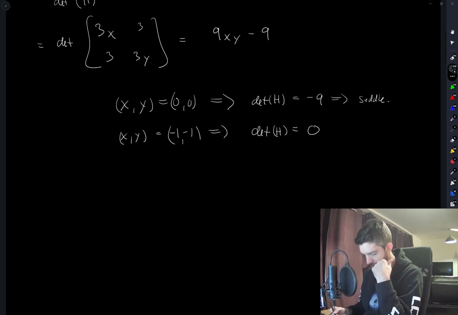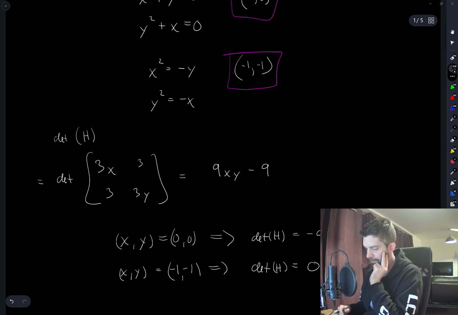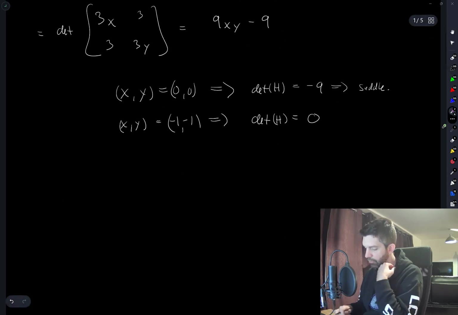Uh-oh. So 0 means it's inconclusive, right? Well, it's certainly when x and y are both equal to 0, we certainly don't have a minimum or maximum, right?